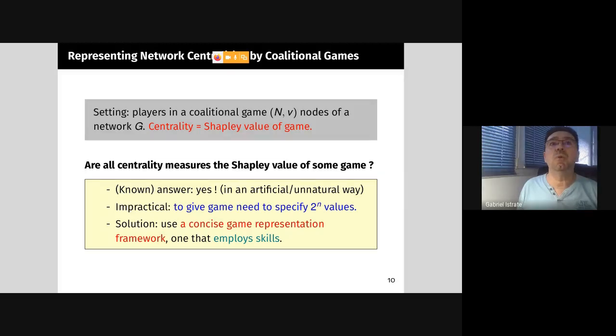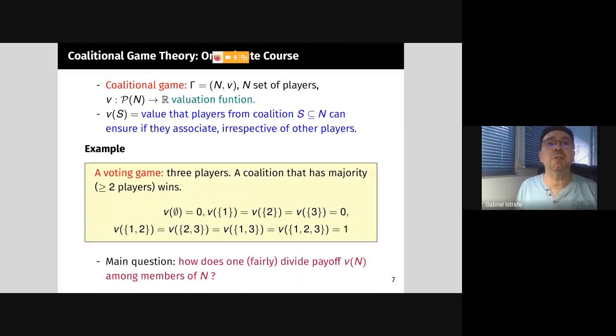And the question that I want to ask in the paper is, in a certain sense, are all centrality measures the Shapley value of some game? There is already an answer to this question, but it's kind of an artificial yes answer. And anyway, this is very impractical. If you remember what I told you what a coalitional game is, to specify a game, you had to give all the possible values for all the possible subcoalitions.